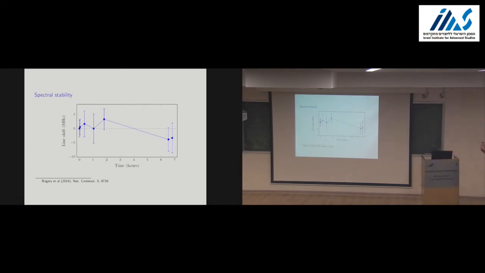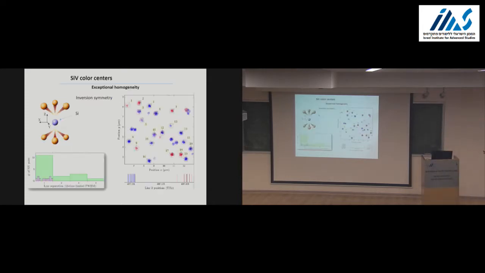And if you also look at many atoms, they actually have a roughly identical emission spectrum. So here's a picture, which is a way I'd like to show it. It's a picture of the diamond where every dot is an individual color center, and the color of the dot represents emission frequency.